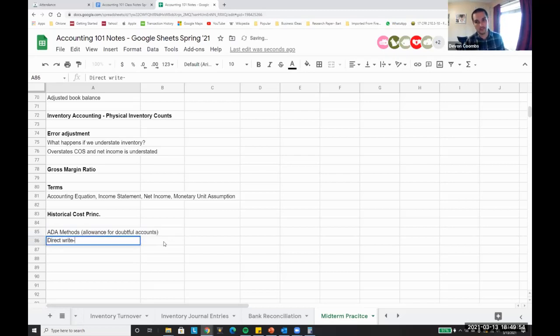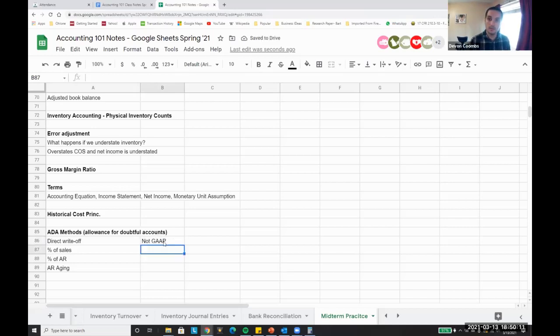We have direct write-off, percent of sales, percent of accounts receivable, and AR aging. Direct write-off is not GAAP. One is a percentage of credit sales, one is a percentage of AR, and this is buckets. So know all those different methods, know how to calculate them, and know their journal entries.